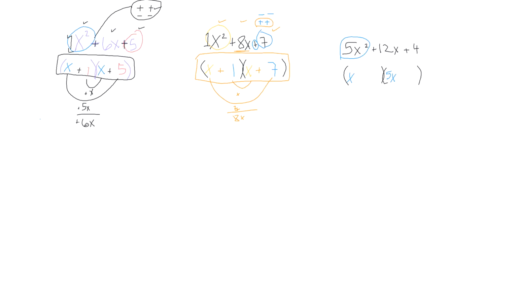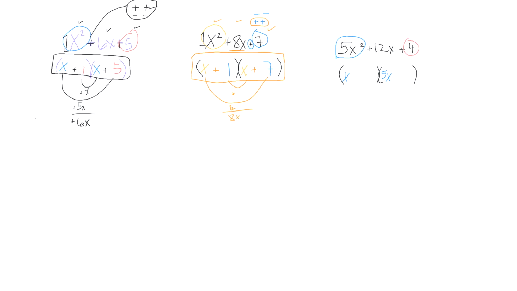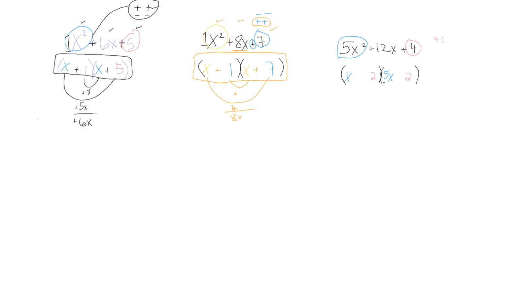What times what gives me 4? Two times 2. I can do 2 times 2. But I'm also going to write 4 times 1 over here because that's another option. And the other ones I didn't have any choice before. But maybe if 2 times 2 doesn't work for us, maybe 4 times 1 will work.